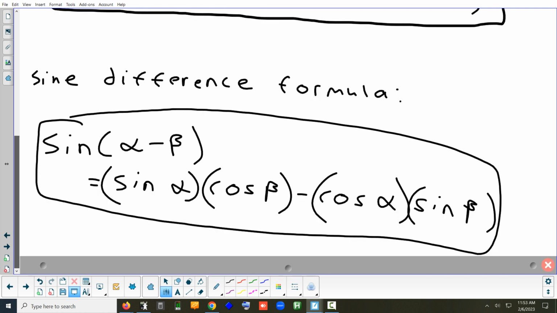But there's your formula for the difference. This matches that. Sine, cosine, cosine, sine. First, second, first, second. So it's more just trying to keep straight which one is which, because they're all kind of similar. All four of them.